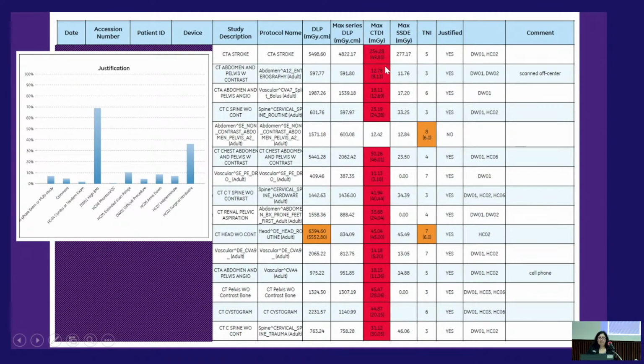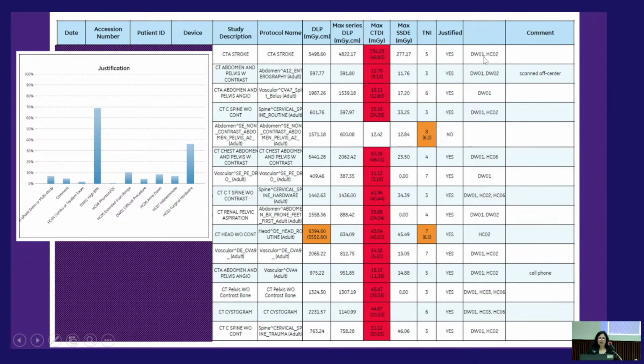And everything that's in red is higher than our alert level. And then you can see here, there's a column that says justified. What that means is that the technologists log into Dosewatch, go and look at these high-dose cases and justify them. And we all came up with a code when working with our technologists.